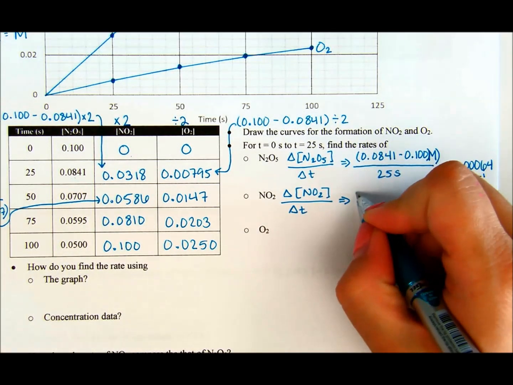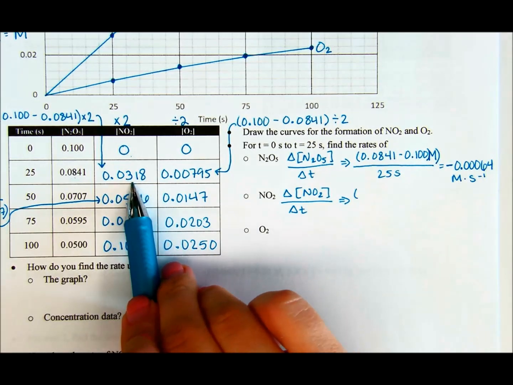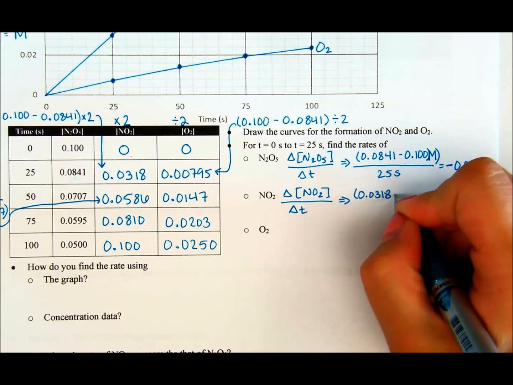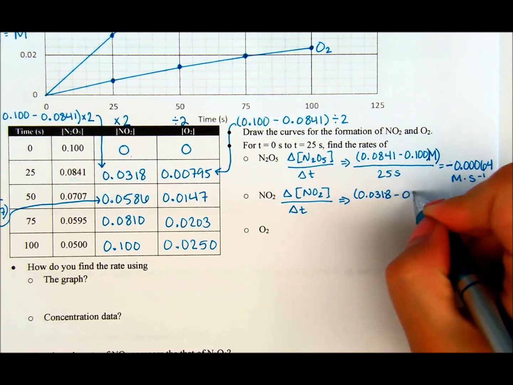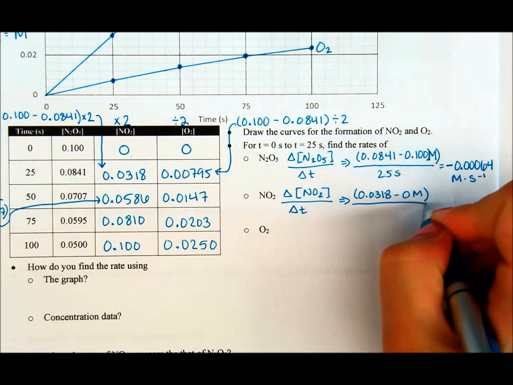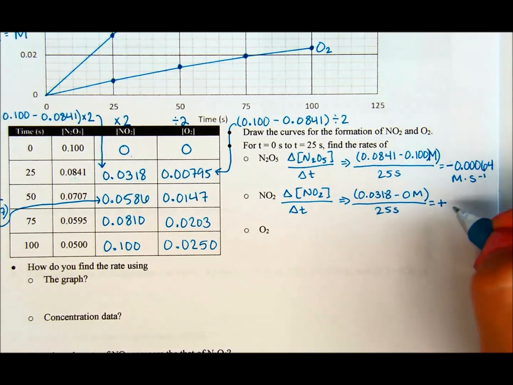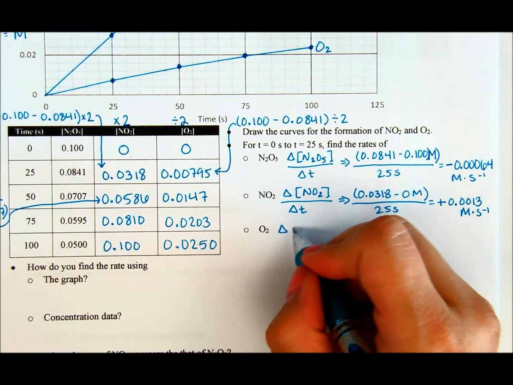Okay, so for our NO2, our final is going to be 0.0318 minus 0, in this case, that's what we started with, molar, over again 25 seconds, and that's going to give us a positive number. Positive because we're forming this NO2 over time. So positive 0.0013 molar per second.